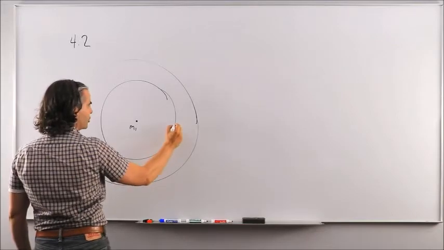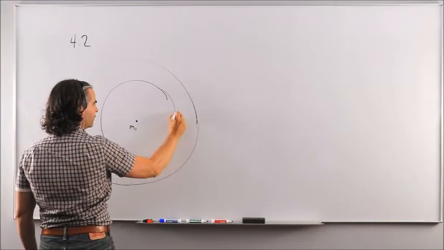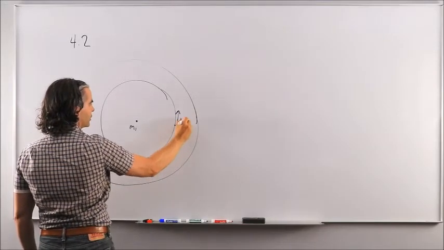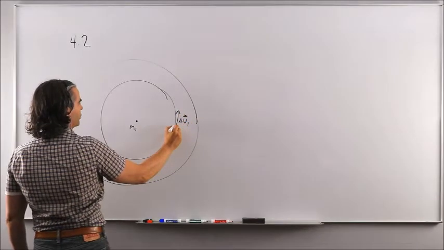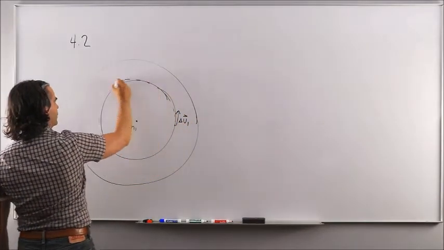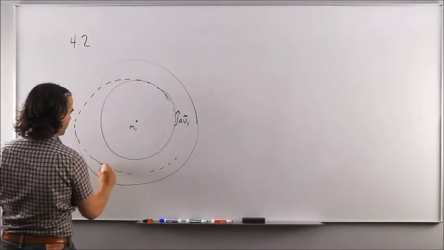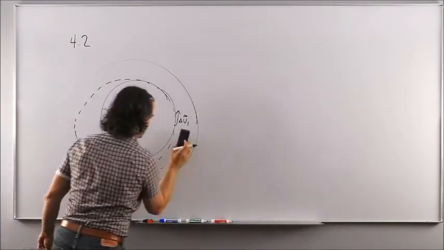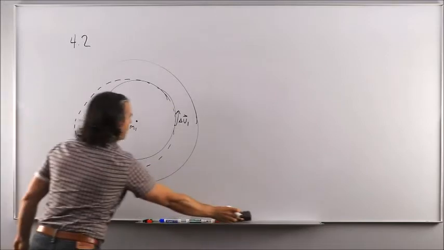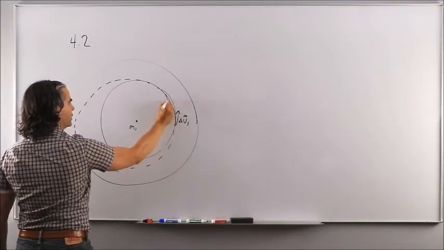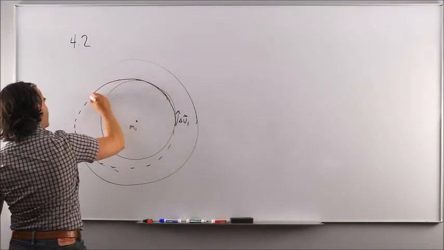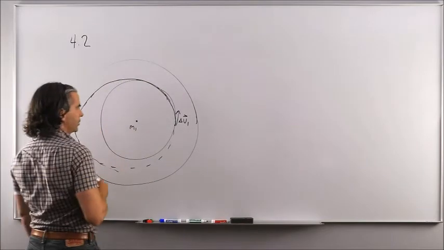Meaning that the strategy as a heads up will be to go from here, delta V1, into a higher elliptical orbit, like that. So the spacecraft would follow this half elliptical orbit, which is known as a transfer orbit.